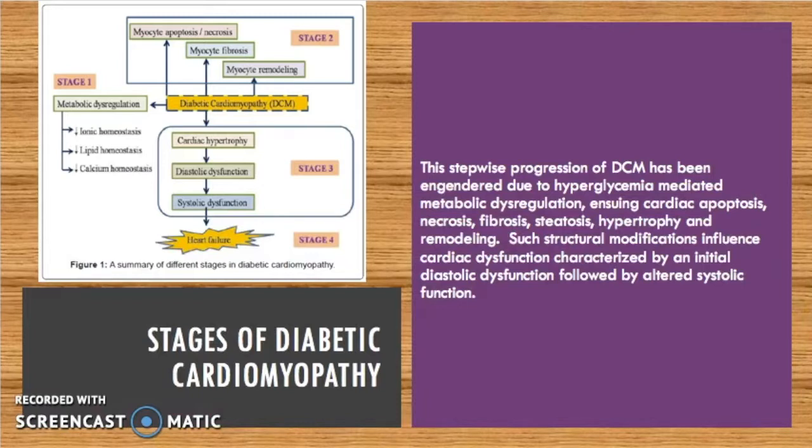Diabetic cardiomyopathy has been classified into stages based on ejection fraction and phenotypic changes in left ventricles. The initial stage of DCM is asymptomatic, marked by left ventricular hypertrophy with normal ejection fraction, followed by stage 2 with noticeable dilation and reduced ejection fraction. Patients with systolic and diastolic dysfunction mediated by contributing factors such as hypertension and myocarditis are considered in stage 3.